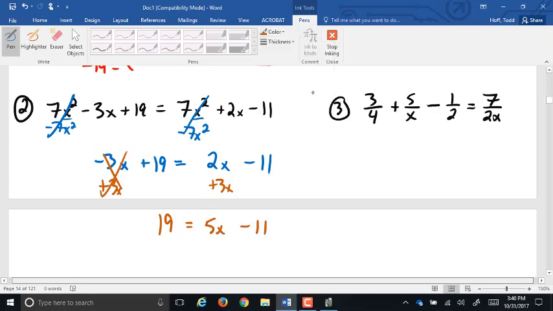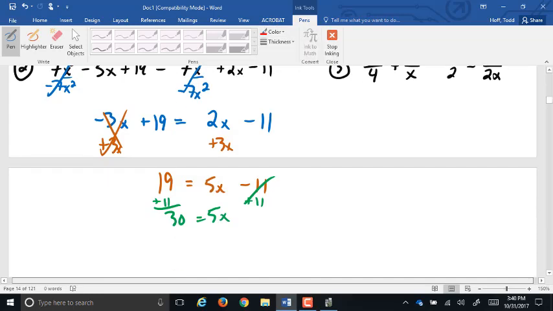And then add 11. 30 equals 5x. And then divide by 5. 6 equals x. X equals 6. So that one's pretty simple once you get the x squareds to disappear.